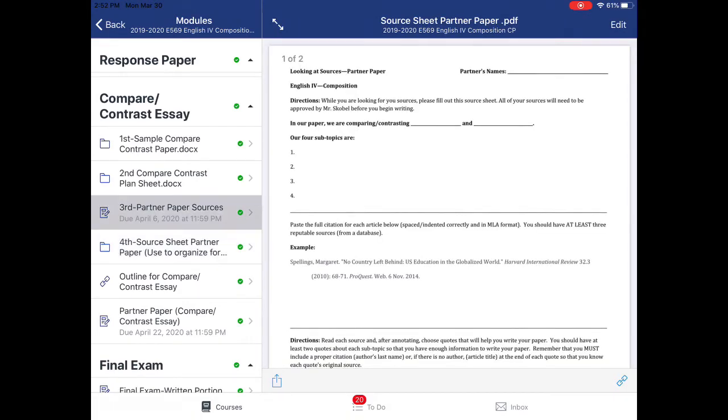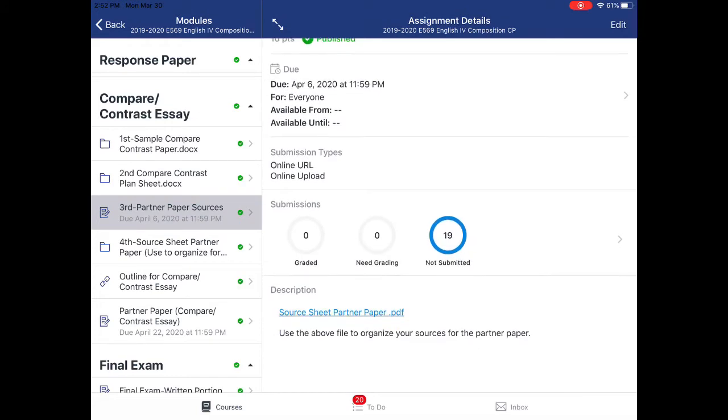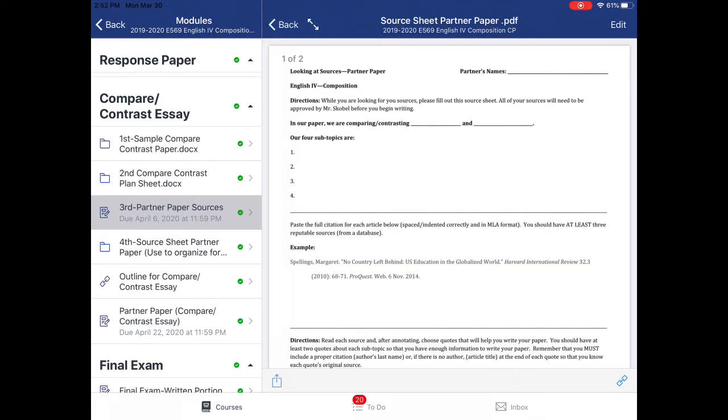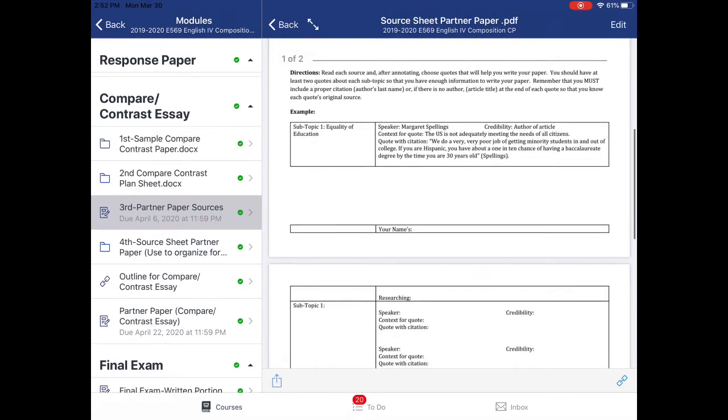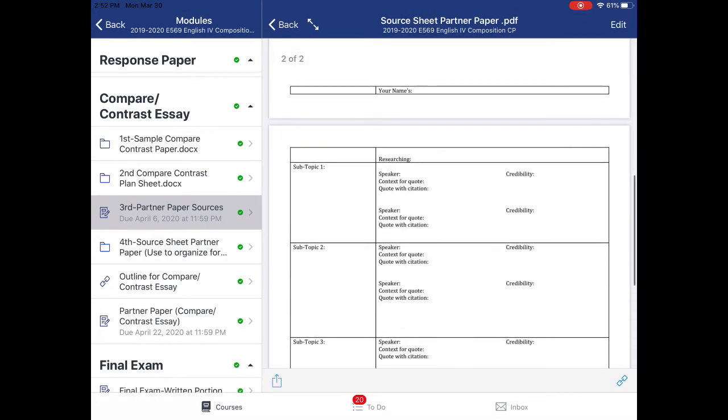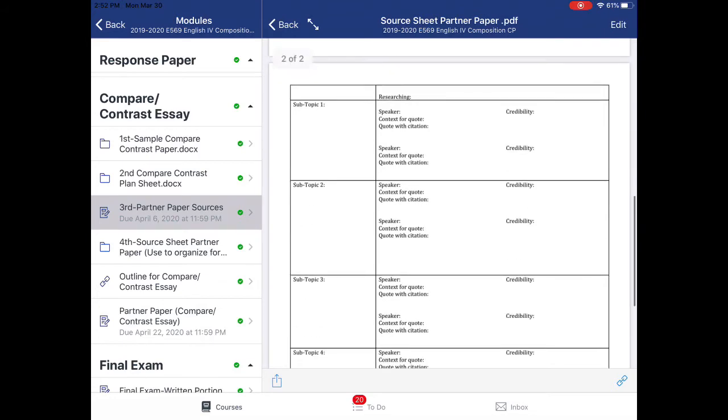So this planning sheet here, I've also linked it into the assignment for people to use, is start to identify what you are going to compare and contrast, identify your four subtopics of what you want to use, and then start to find your evidence for the compare and contrast. And so make sure that you are also identifying the speaker, you're identifying the credibility of that speaker, and then the context that you need.